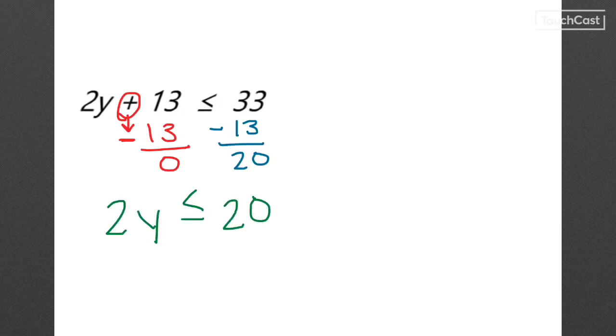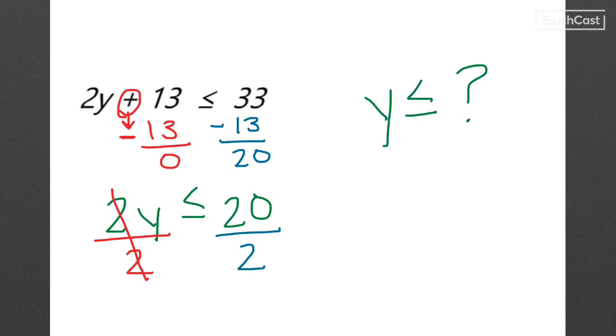Once I've rewritten my equation, I should have 2y is less than or equal to 20. Now 2y is actually a multiplication problem, and the inverse of multiplication is, hopefully you said division. So now I need to divide each side by 2. It's important to remember we can write it as a fraction because fractions represent division.